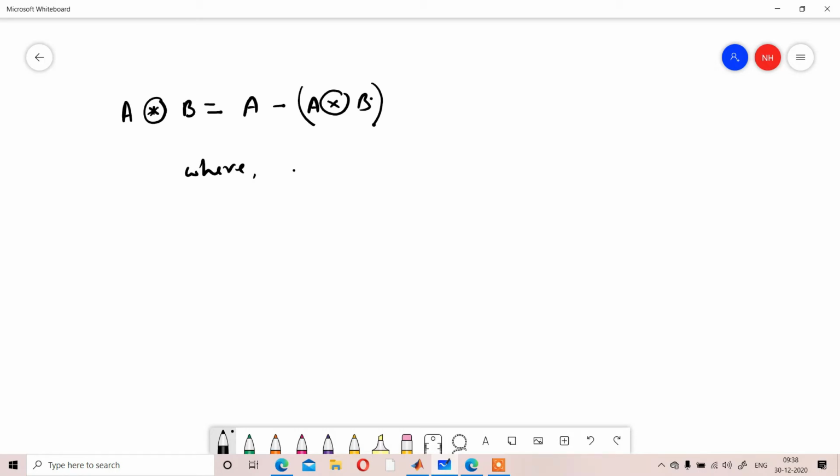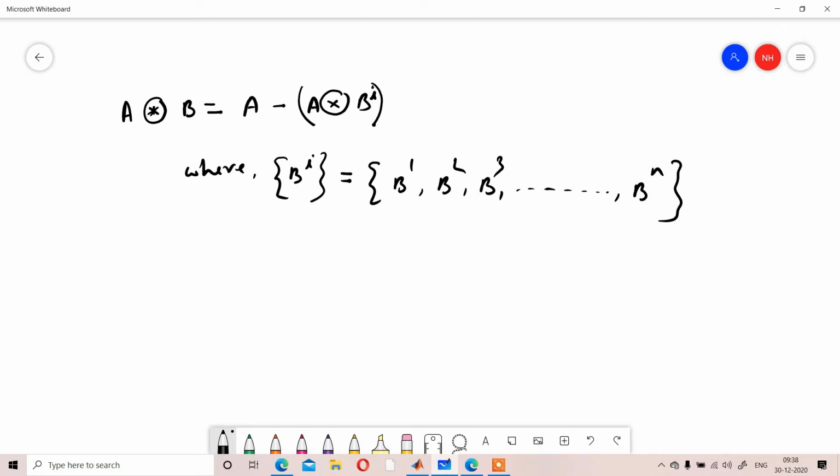Okay, Bi, where Bi is a set of structuring elements B1, B2, B3, like that up to Bn.